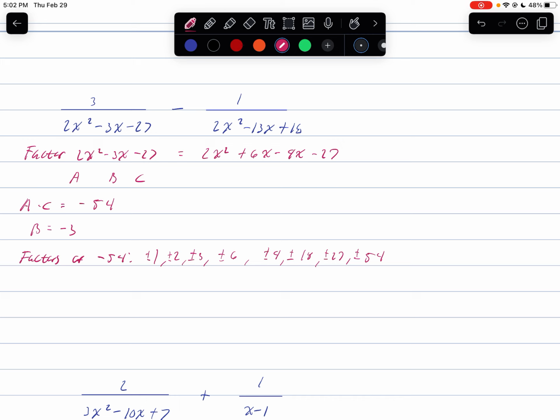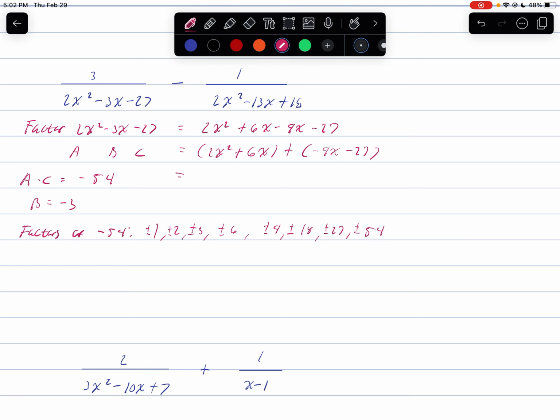Okay, so then we can rewrite this as, if we have parentheses here, 2x squared plus 6x plus negative 9x minus 27. And here we can factor out a 2x, and we'll have x plus 3.